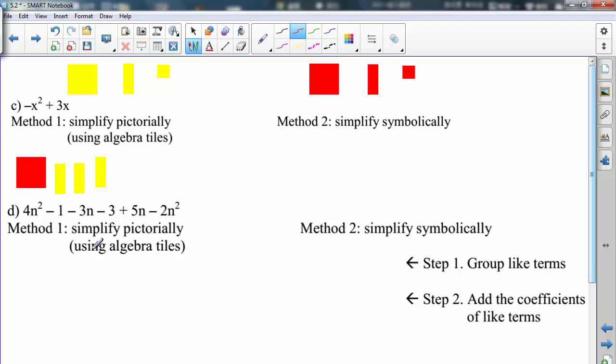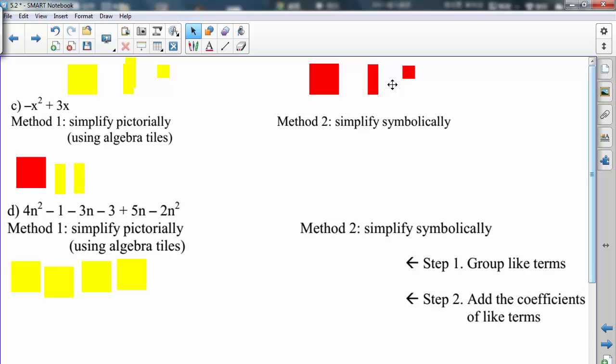Let's look at the last example, in example 1. 4n squared minus 1 minus 3n minus 3 plus 5n minus 2n squared. Let's look at how we can use the algebra tiles to simplify that one. The first term is 4n squared, which means I need to drag 4 big yellow squares.